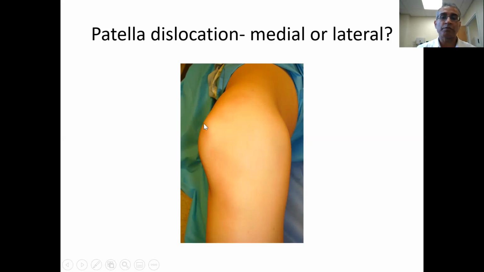But what patients often see is a bump, which is the distal femur on the medial side, and they think the patella is dislocating medially. So what the patient gives as history has to be tempered with your knowledge of what is actually happening inside the knee joint. The patella never dislocates medially unless somebody has had previous surgery, because the quadriceps pull always pulls the patella laterally.